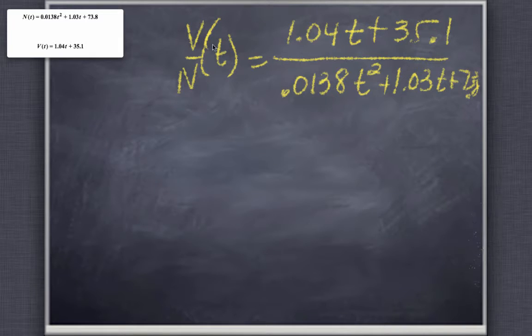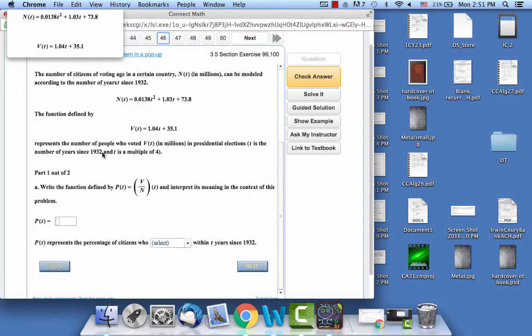And what this is, is the number of people who voted divided by the number of people who could. So if I said, oh, 100 people were able to vote and 50 people did, if you took 50 over 100, that's the proportion of people who voted who were able to vote. So it's sort of the percentage turnout. Well, not percentage, proportion turnout. So that's how this is interpreted.